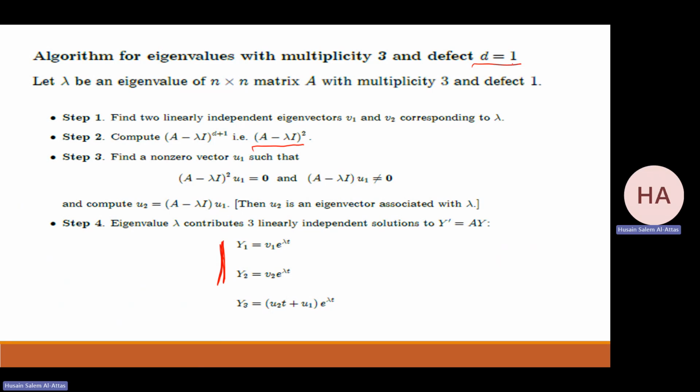In this case, since d is 1, I try to find U1 so that (A minus lambda I) squared times U1 is equal to 0, but (A minus lambda I) U1 is not equal to 0. Then I find U2. Then I find this format, U2 t plus U1 e^(lambda t). And then we did an example.